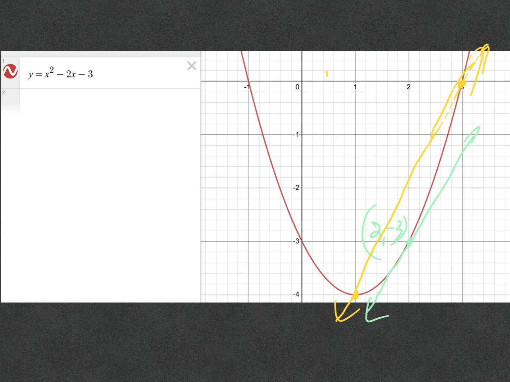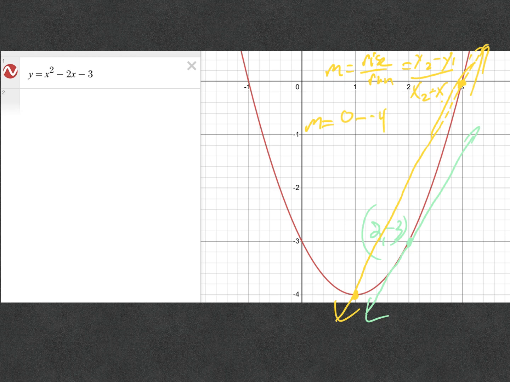Well, slope is rise over run. Or in this case, usually we do y2 minus y1 over x2 minus x1. So the slope of that yellow line would be y2, which is 0, minus y1, which is negative 4.